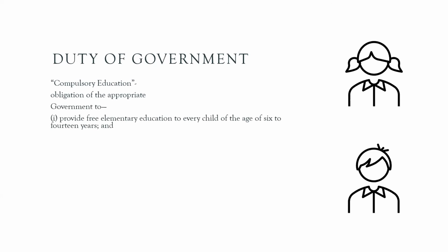To provide free and elementary education to every child of age 6 to age 14. And what else is their obligation? You should ensure that compulsory admission is being given, that attendance is being looked into, that you keep a watch. If you remember the act on child labor and all that we saw in the recent past, there have been discussions with the government and school officials and all.